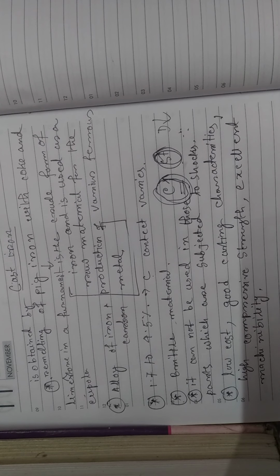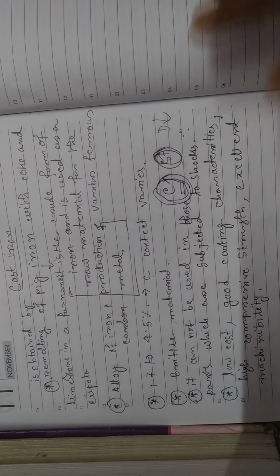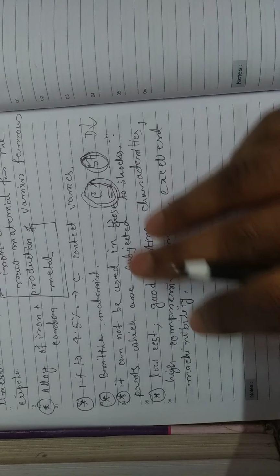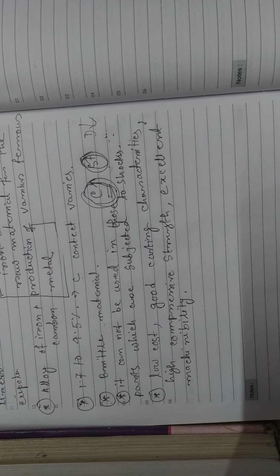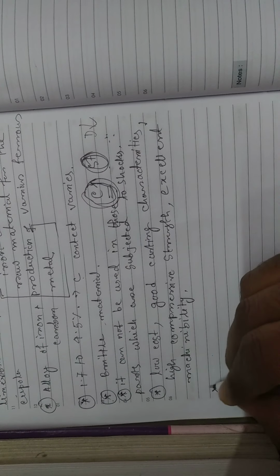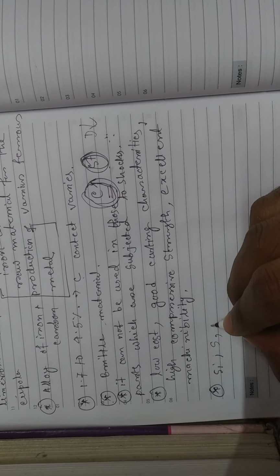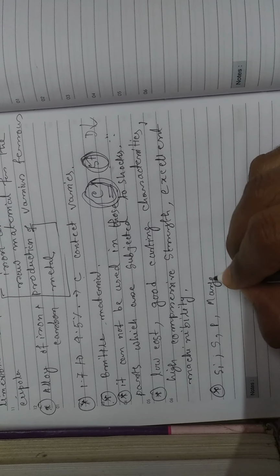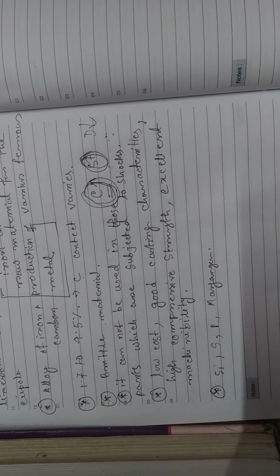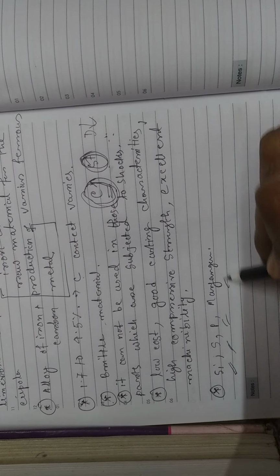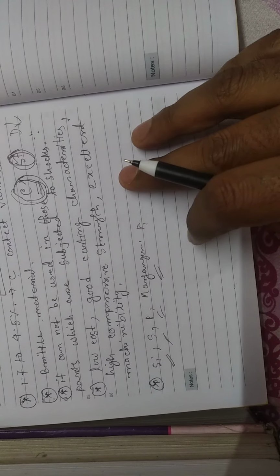Similarly, there are some alloy steels also where other elements are mixed together with carbon. In cast iron also, small contents of other elements can be added, like silicon, sulfur, phosphorus, manganese, and any other material. There are certain advantages of silicon, sulfur, phosphorus and manganese when you add them in cast iron.